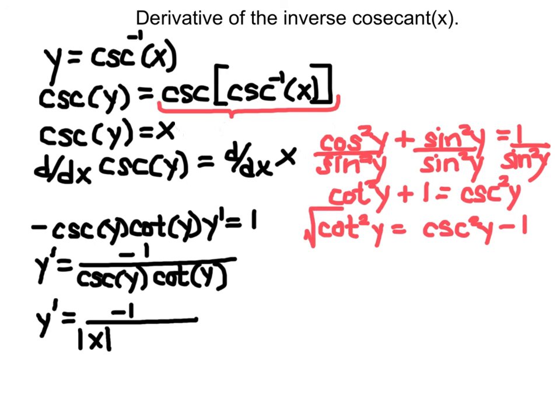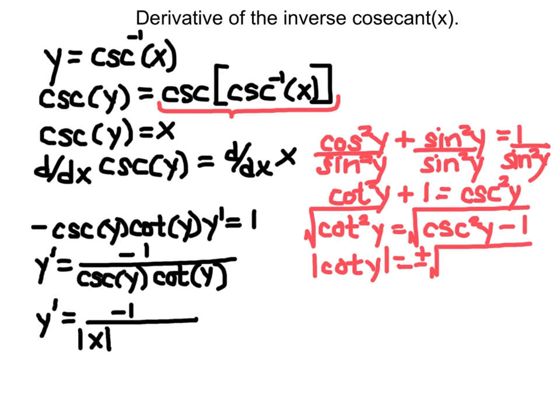We'll take the square root of the left and the square root of the right, and we end up with the absolute value of the cotangent of y is equal to plus or minus the square root of, and in this case, we know that the cosecant of y is equal to x, so we put an x here. It's x squared, because the cosecant of y is equal to x. This is x squared minus 1. And for the particular cotangent of y that we're looking for, because of our restrictions, this is going to be positive square root of x squared minus 1.